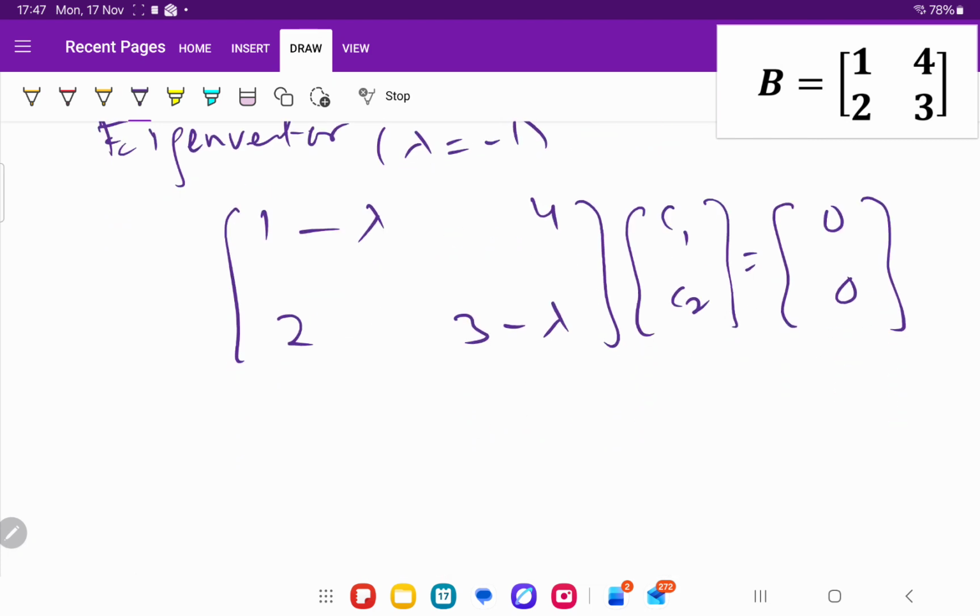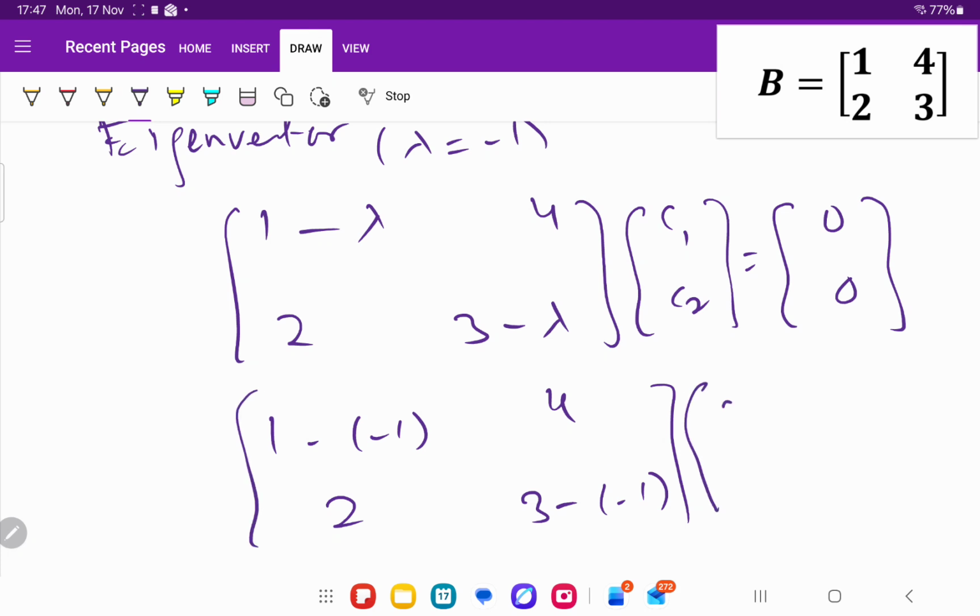Now you just need to put the value of lambda inside this characteristic equation. So 1 minus minus 1, 4, 2, 3 minus minus 1, times C1, C2 equal to 0, 0.